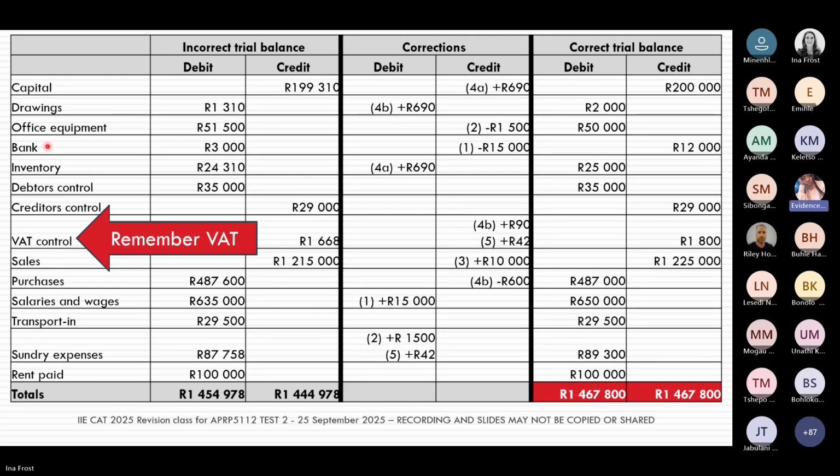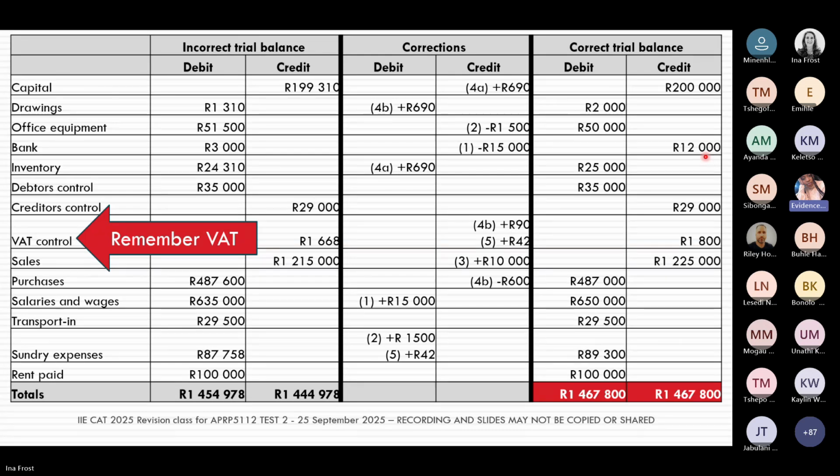If your bank is an overdraft, that means in your incorrect trial balance, the amount would be under the credit column. Therefore, if you have a payment that has not been recorded, that payment will further increase your overdraft. But if we have money coming in, it will either bring your bank account to a positive or decrease your overdraft to a smaller amount.